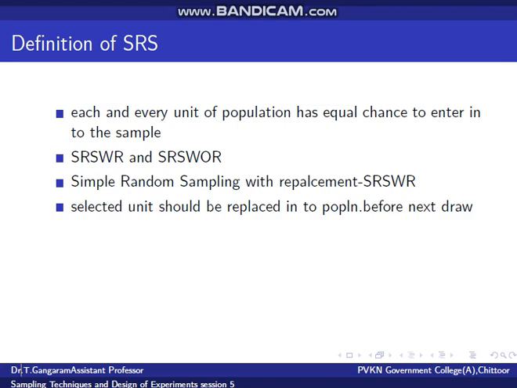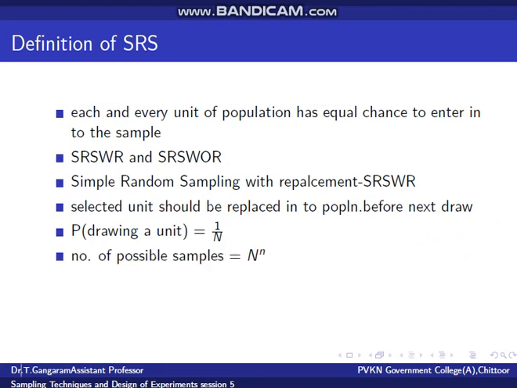It cannot be reduced after every draw. The probability of drawing a unit is equal to 1 by N. Here, 1 is the favorable case and N is the total number of cases.